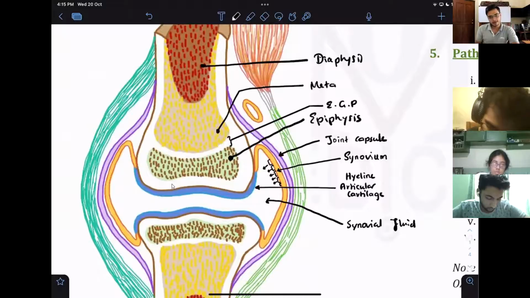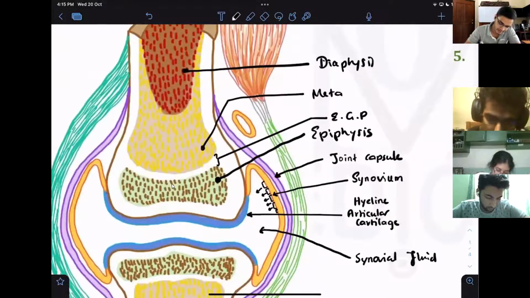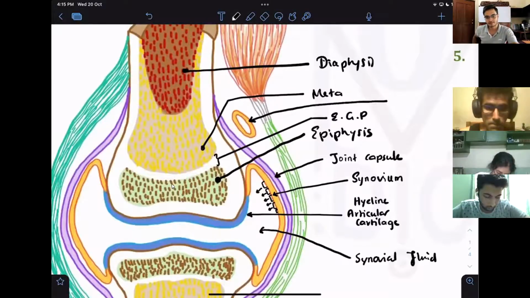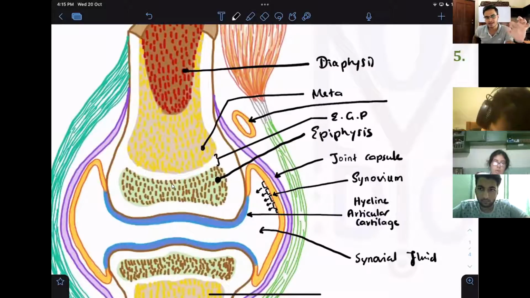Then what is this structure here, guys? Just from the diagram, what can you see? It looks like it has a similar structure to the synovial membrane, correct? So what do you think it is?